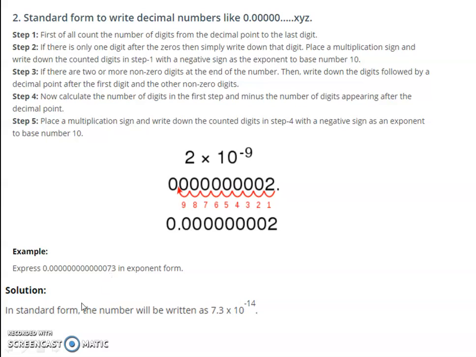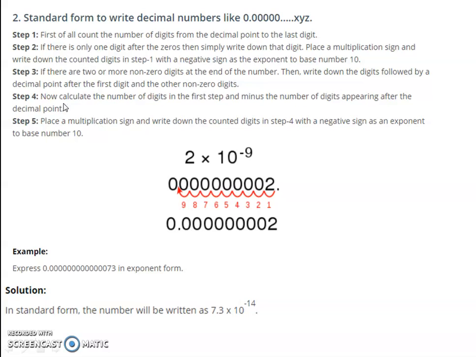Now here two digits are there, 7 and 3. So 7.3 into 10 raised to minus 14, because you have moved 14 digits to reach the first non-zero number.